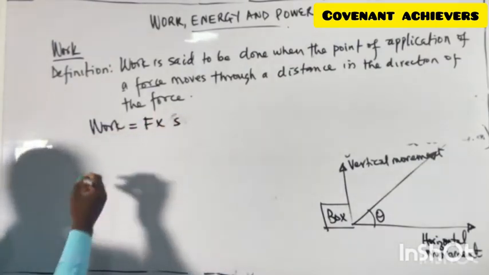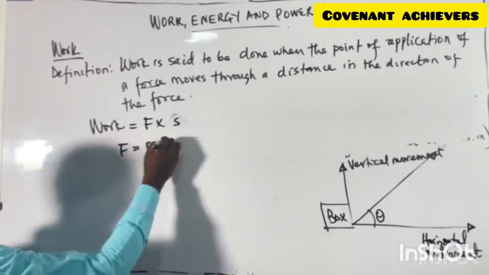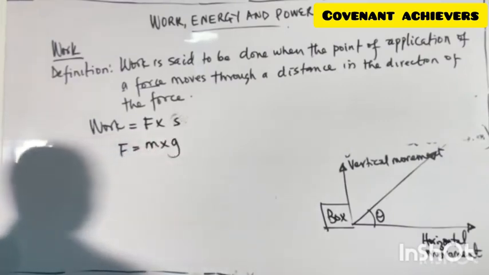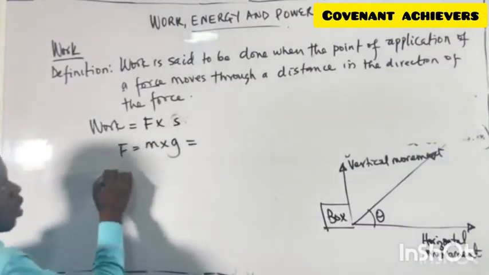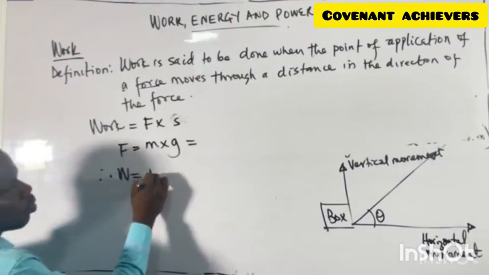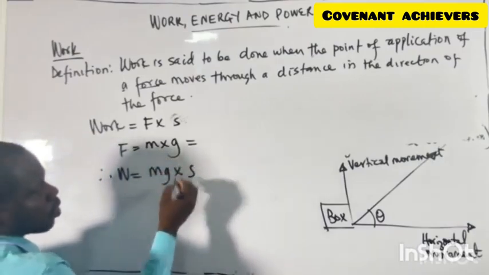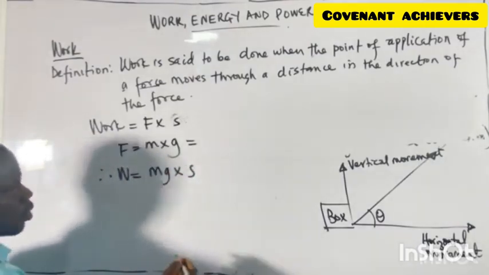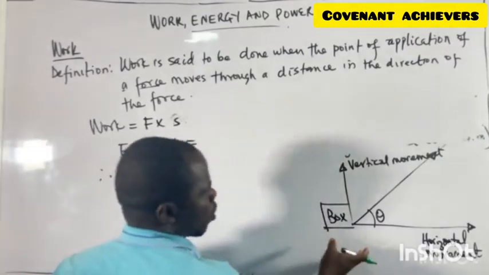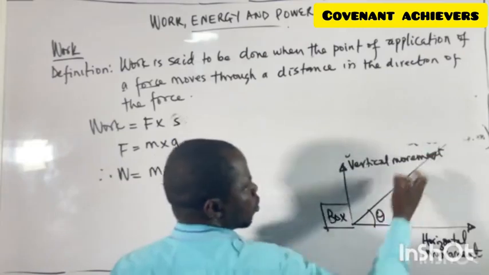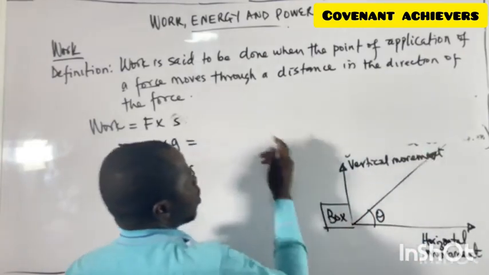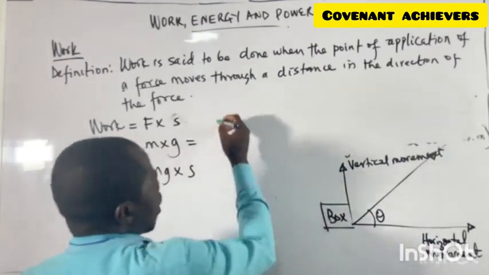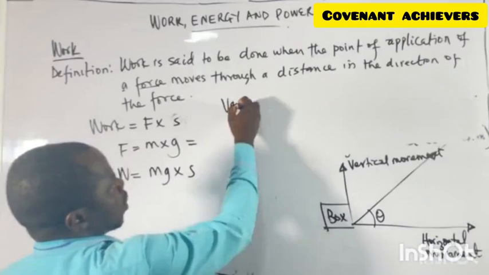Now, force itself is equal to mass times acceleration due to gravity, so we can say that work is equal to mg times x. And when you look at it from the angle at which you drag it, at an angle theta to the horizontal, that means we are going to have what we call the vertical force.